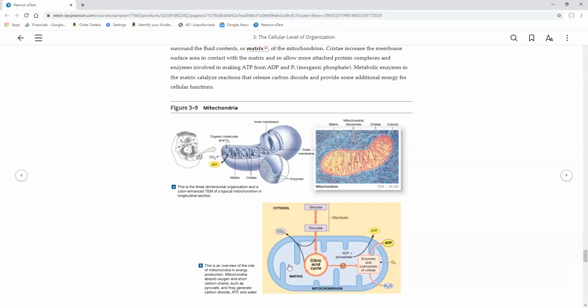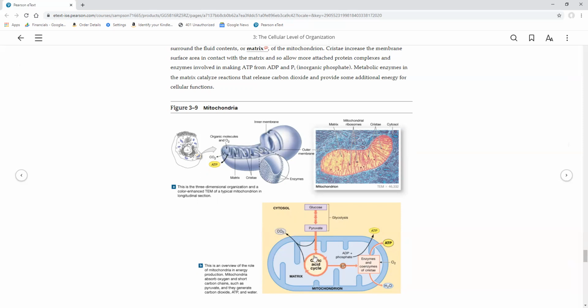Remember, the cytosol is outside the mitochondria but inside the cell. The cytosol, the fluid inside the cell, is where we have anaerobic respiration. Inside the mitochondria is where we have aerobic respiration.